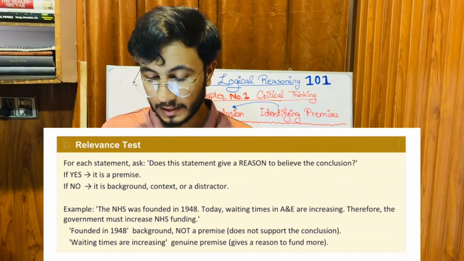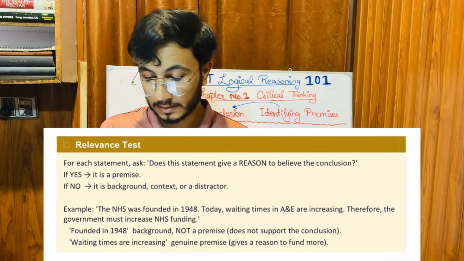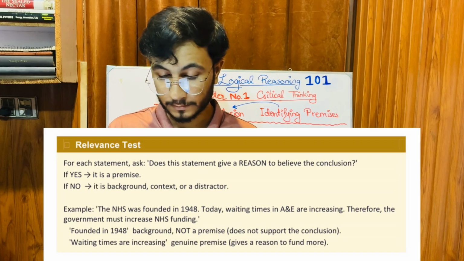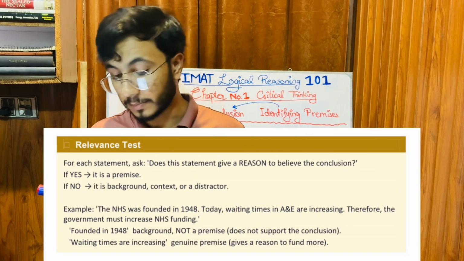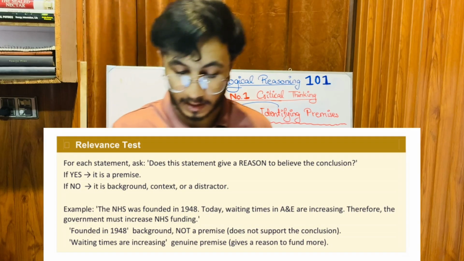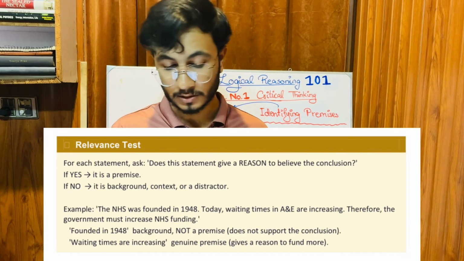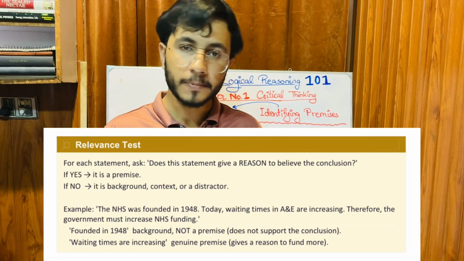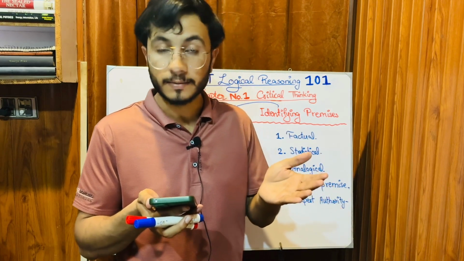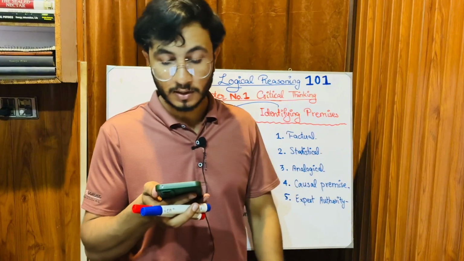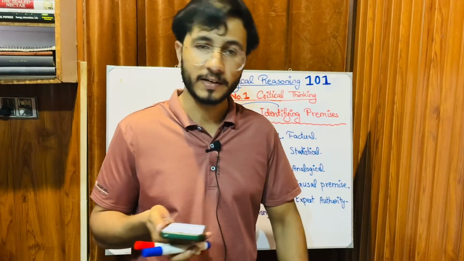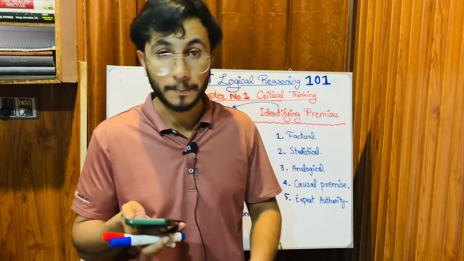The next statement is that waiting times in A and E are increasing, therefore the government must increase NHS funding. This is actually a premise, because it is the reason why the government should increase NHS funding: the waiting times are increasing. So that is a premise.